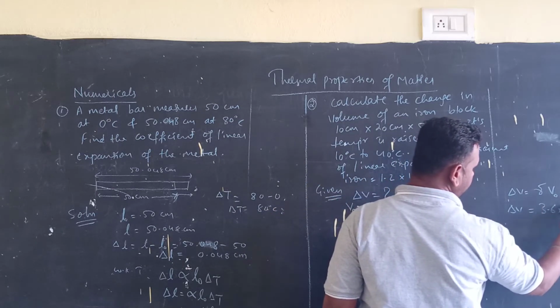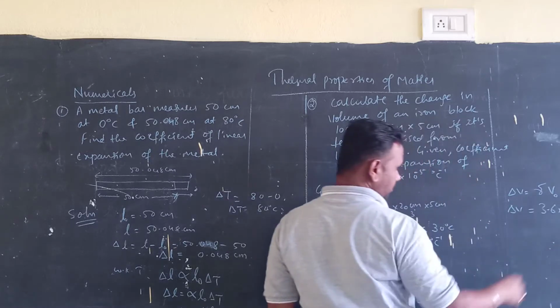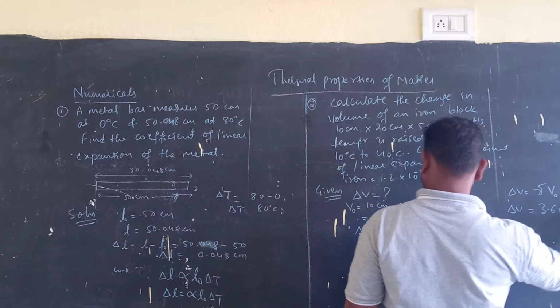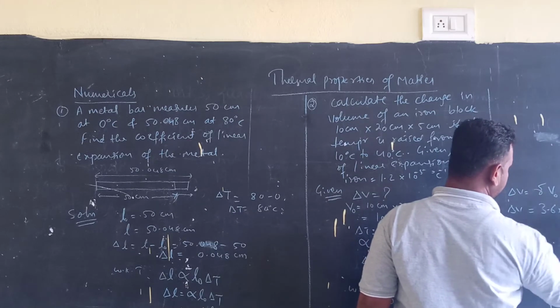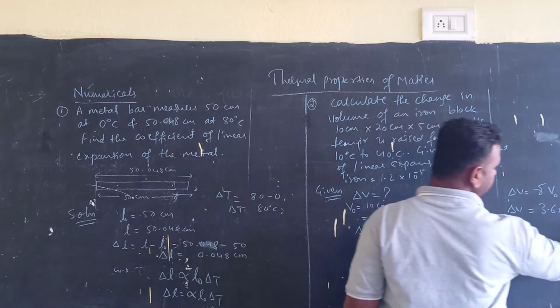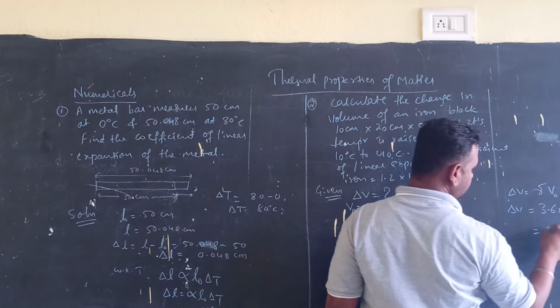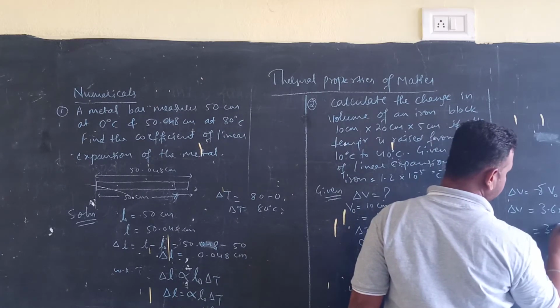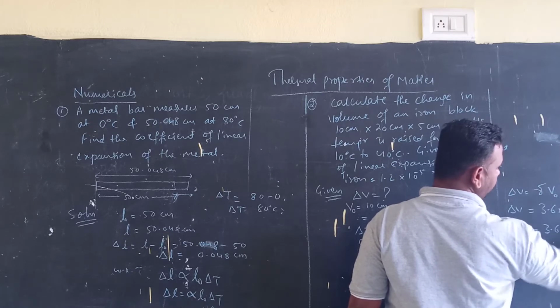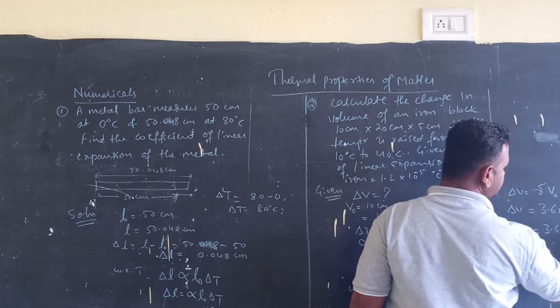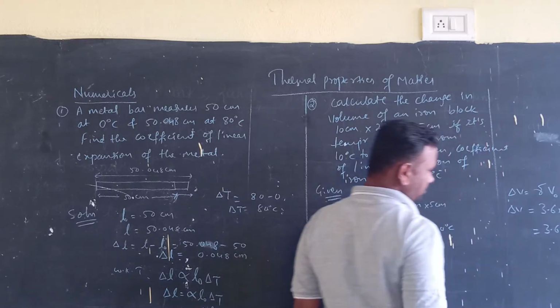3.6 into 10 to the power of minus 5 into V naught, which is 1000, into change in temperature, which is 30. So 3.6 into 3, plus 1 is 4, into 10 to the power of minus 5 plus 4.